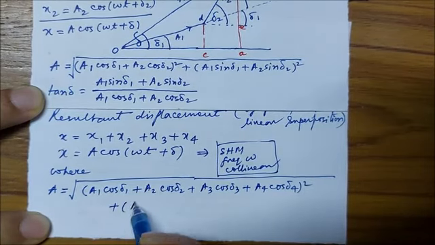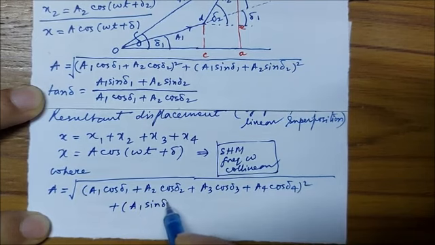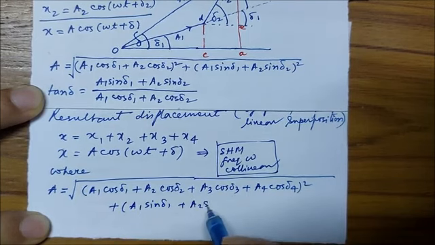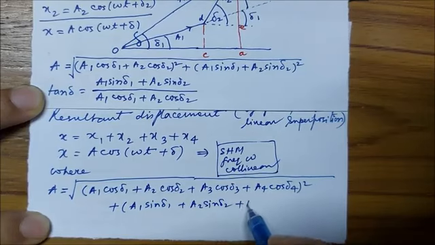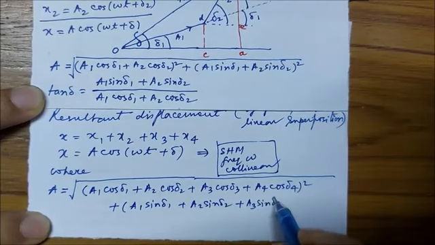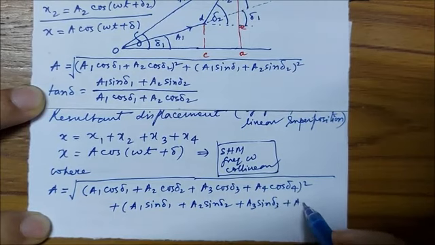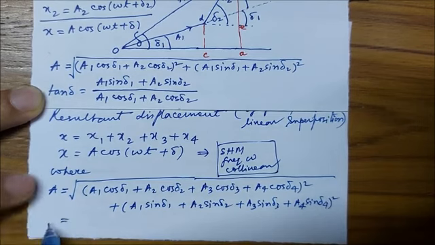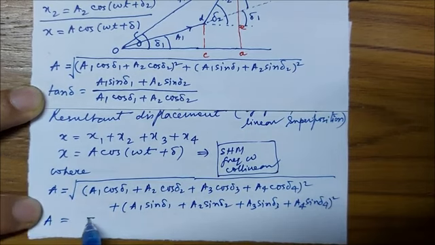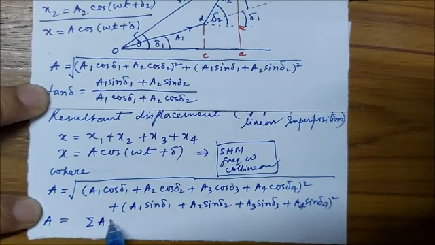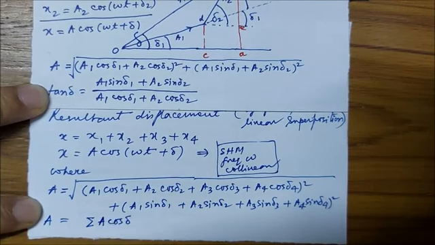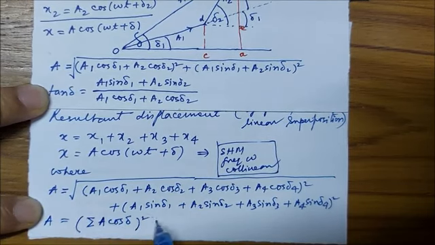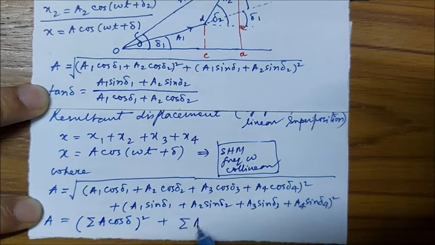plus A1 sin delta 1, A2 sin delta 2, A3 sin delta 3, and the last one A4 sin delta 4 whole square. So it's better to write it in this way. Summation A cos delta whole square plus summation over A sin delta whole square under root.